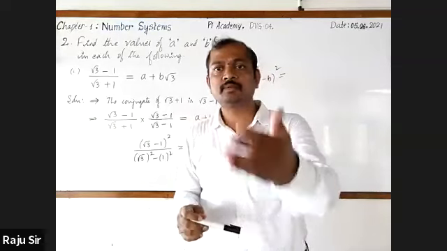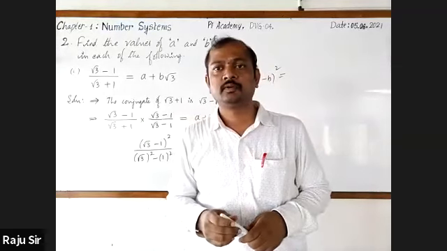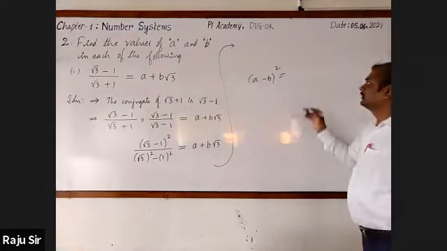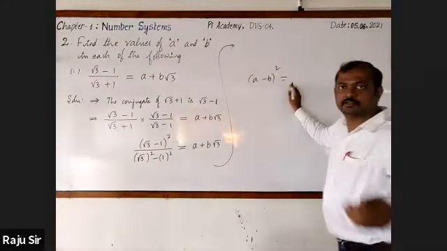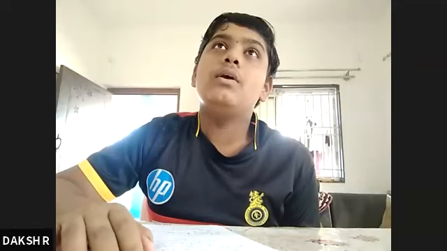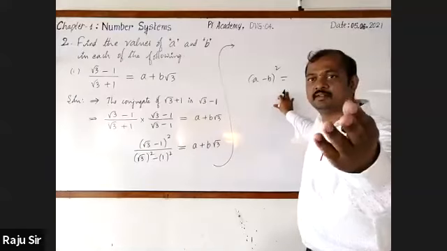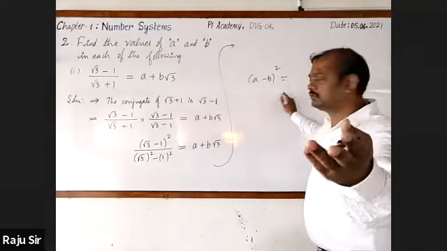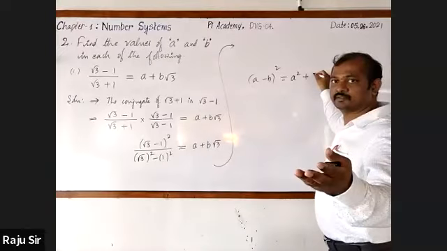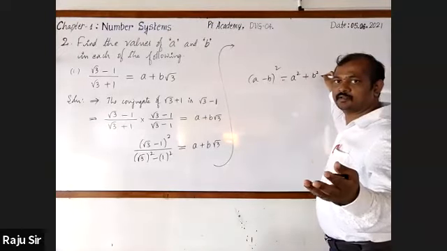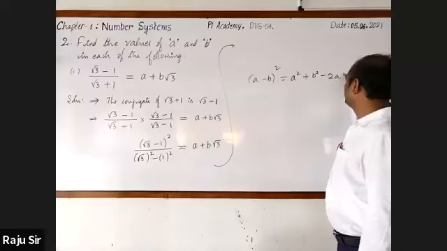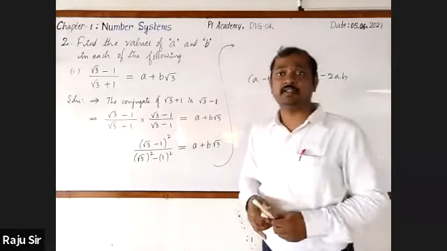When your turn comes, then you can respond. Yes, expand this: a square plus b square minus 2ab. Yes, this is the identity.